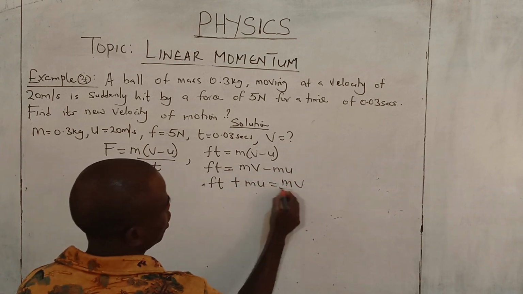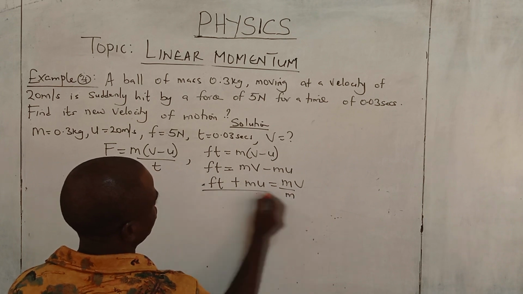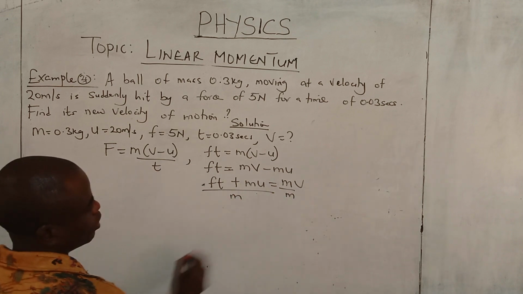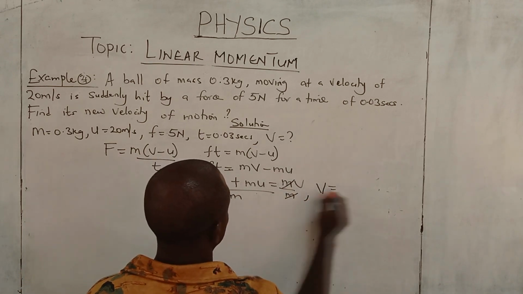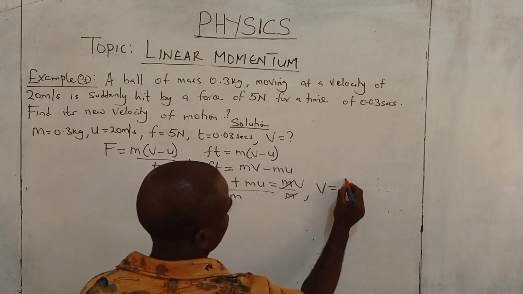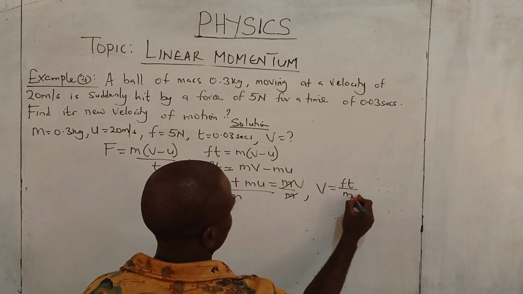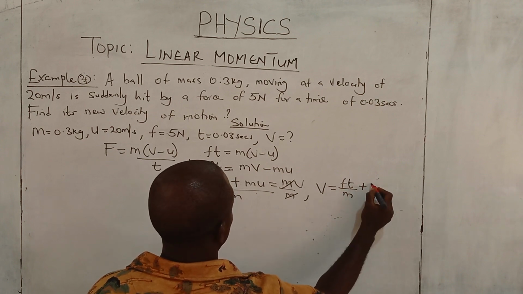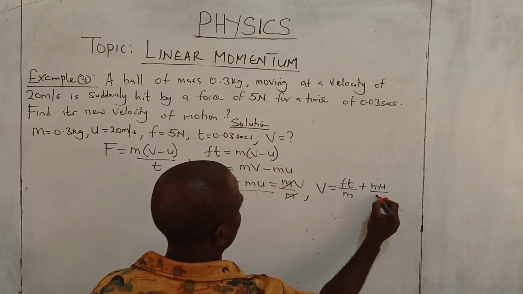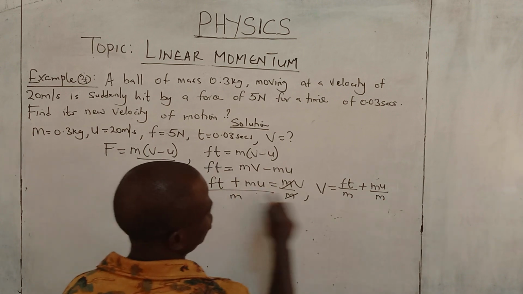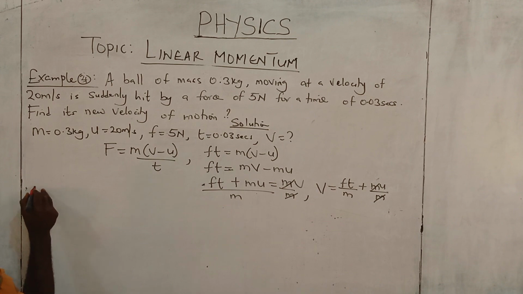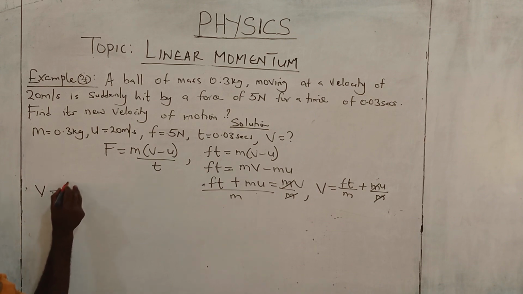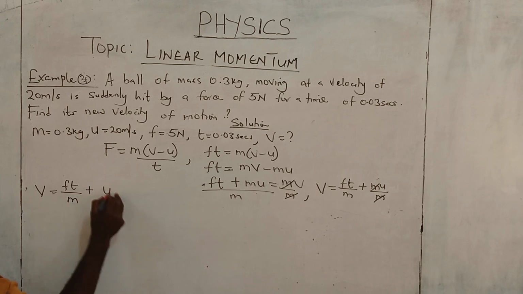Divide both sides by m. m cancels m. v equals, let's just separate it, Ft over m plus mu over m. m is common to both, m cancels m. v equals Ft over m plus u.